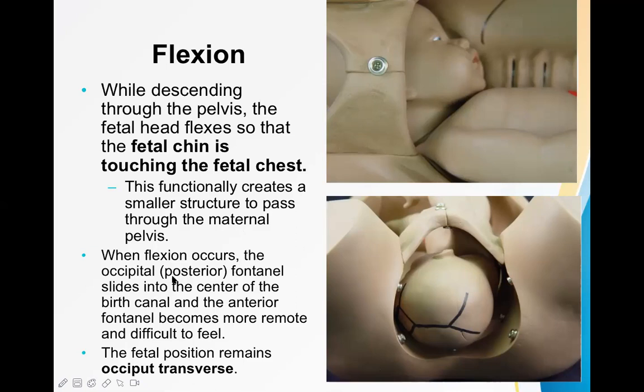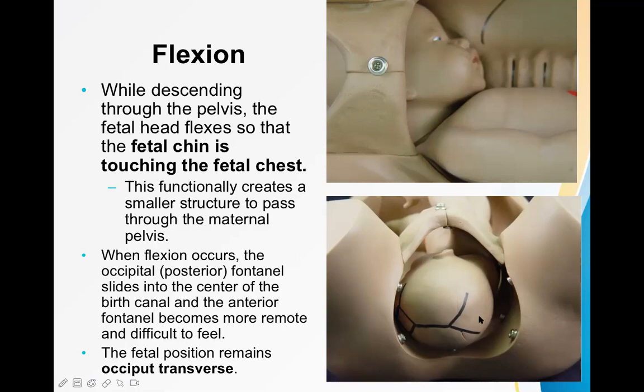Now what happens here, when flexion occurs, the occiput, or posterior fontanelle, rather it is known as the posterior fontanelle than the occipital fontanelle, slides into the center of the birth canal and the anterior fontanelle becomes more remote and difficult to feel, isn't it? It is more remote and difficult to feel.